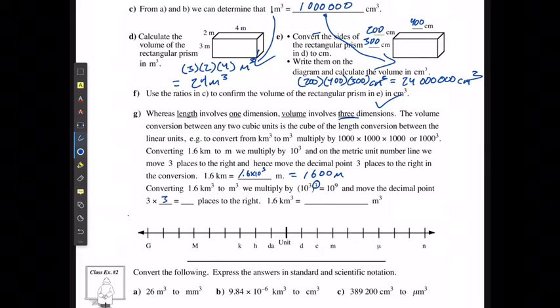So this would be 3 by 3, or I'm moving 9 places, which means that this is going to become 1,600,000,000.